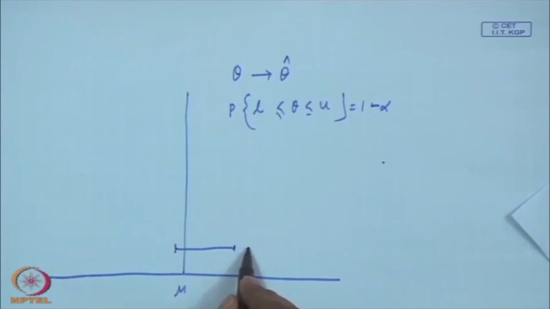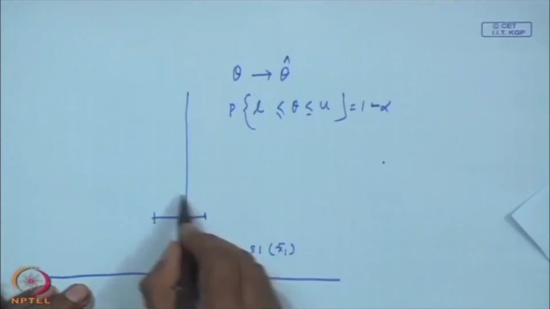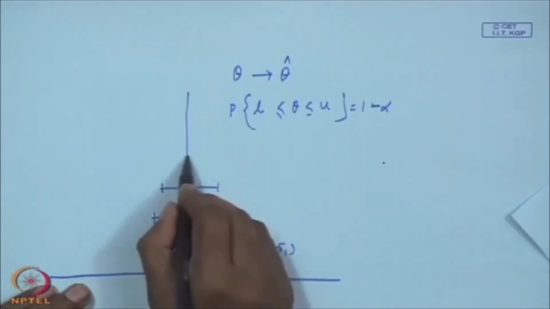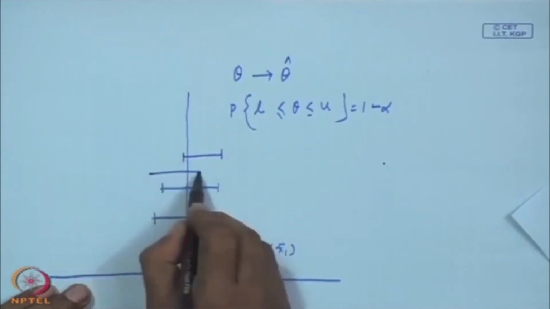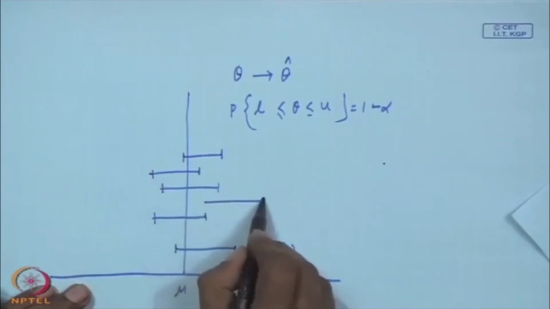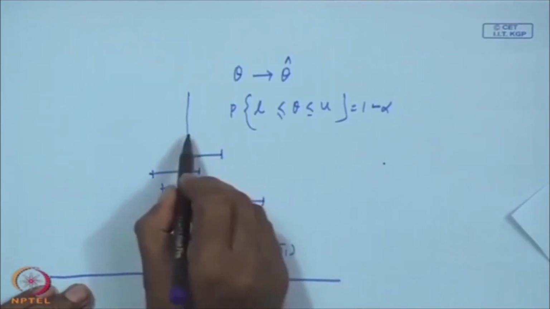This is your sample 1, and its x1 bar interval you found out, because once you collect a sample you know x bar, you can calculate the interval. Now the second one is like this, the third like this, the fourth, fifth, sixth, seventh, eighth like this.